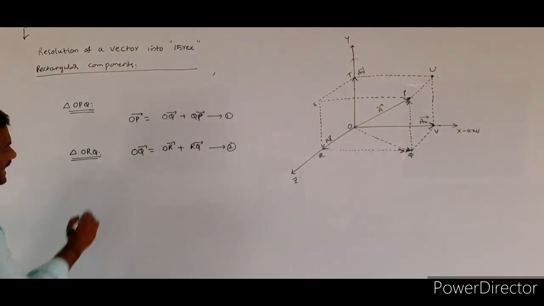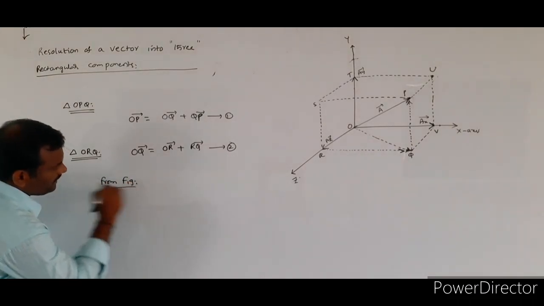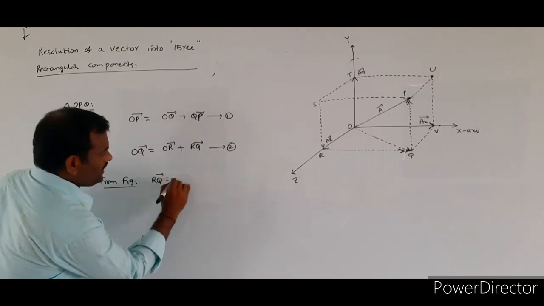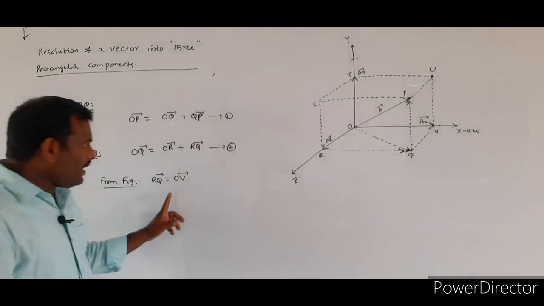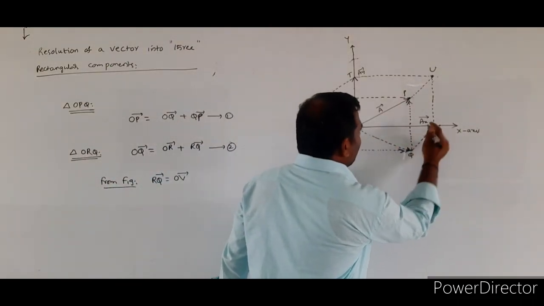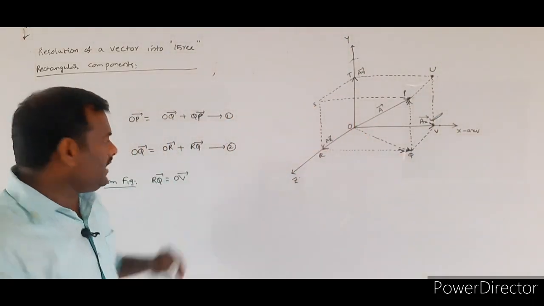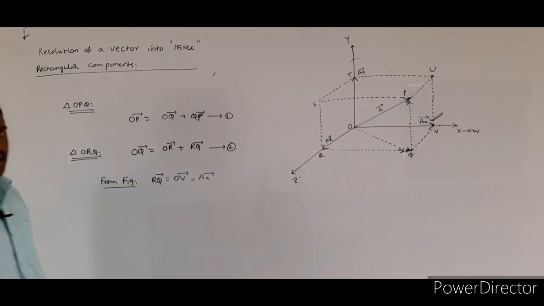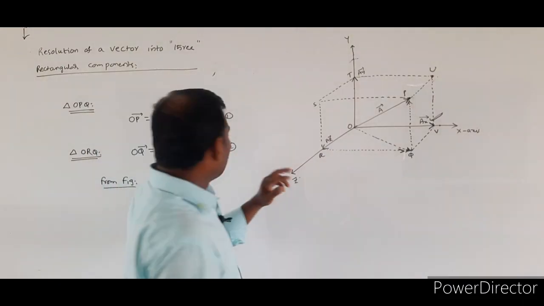Therefore, from the figure, RQ bar is equal to OV bar. If you see the diagram, OV bar is equal to AX bar.